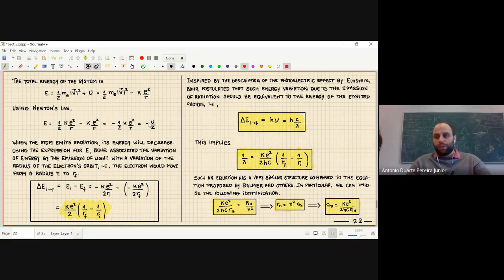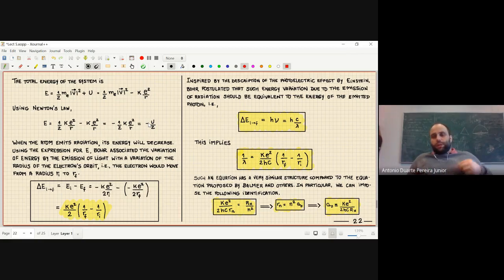So far, I'm just applying classical mechanics and Coulomb's law. And I have now an expression for the energy of the system. So when the atom emits radiation, namely when the electron is accelerating, so the electron will emit radiation according to Maxwell, the energy of the system will decrease.